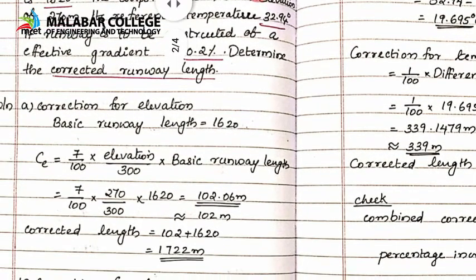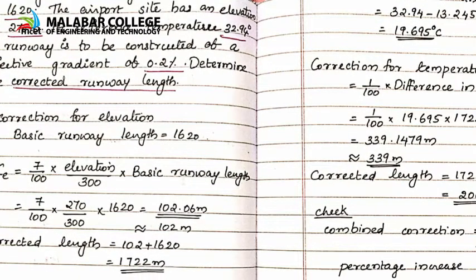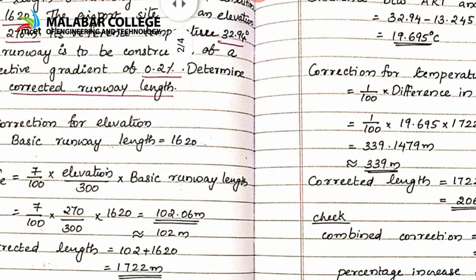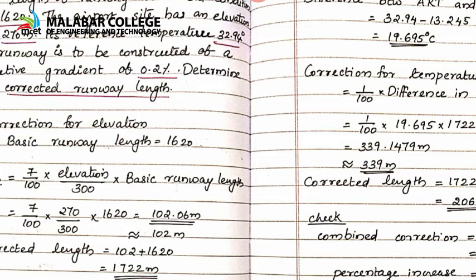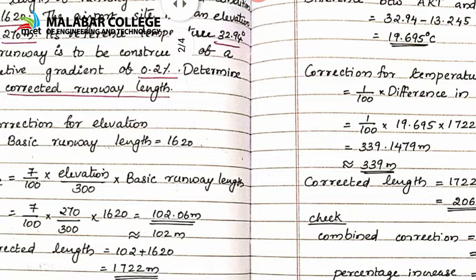We have three corrections: correction for elevation, correction for temperature and correction for gradient. First is correction for elevation. Basic runway length is 1620, and correction for elevation is 7% of basic runway length per 300 meter of elevation.